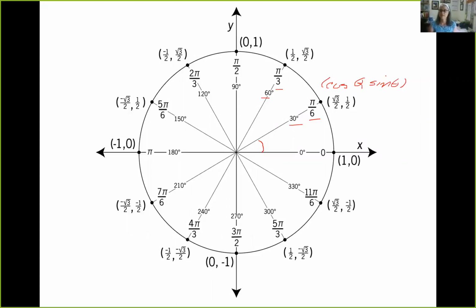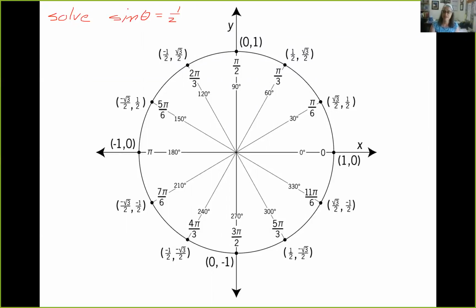So what that means is, looking at this, we can find, for example, the angle whose sine is 1/2. Or another way of saying that is, let's solve the equation sine of theta equals 1/2.